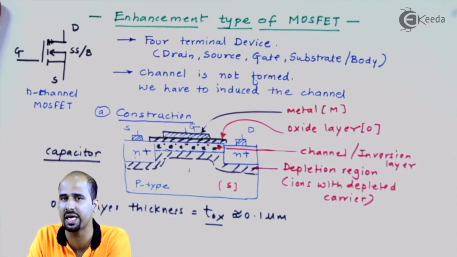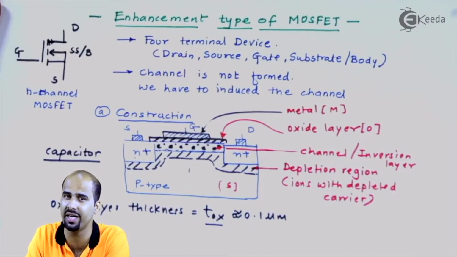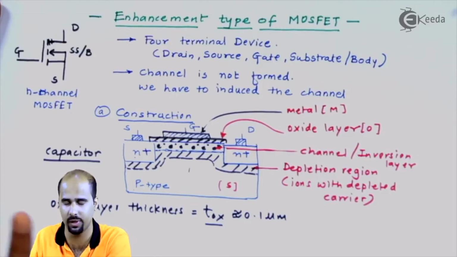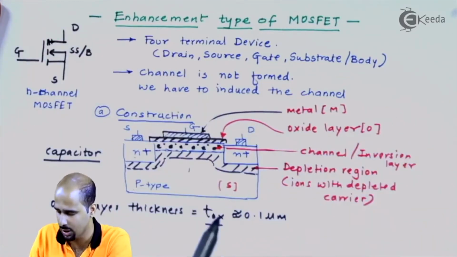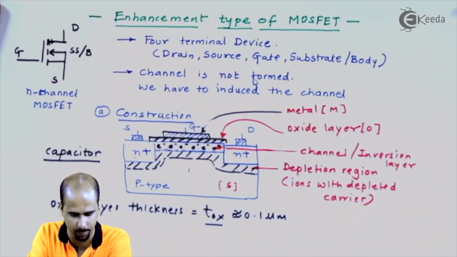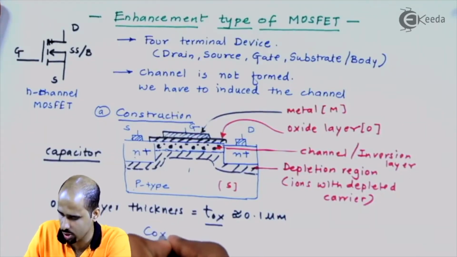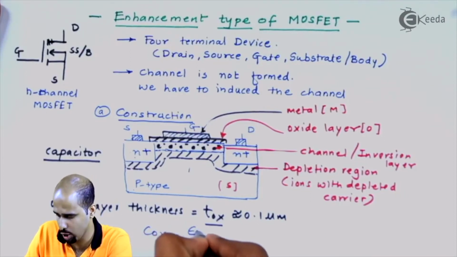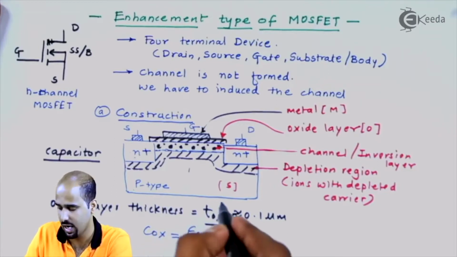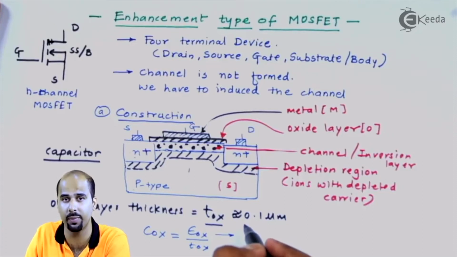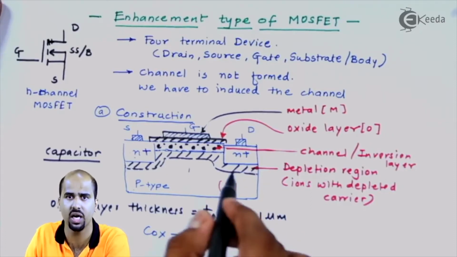Because we all know that the capacitor value is nothing but epsilon A divided by T. We will not use the 3D formula, we will use the value of the capacitor, that is Cox equal to epsilon ox divided by Tox, where epsilon ox is nothing but the dielectric permittivity of the medium in the oxide layer.